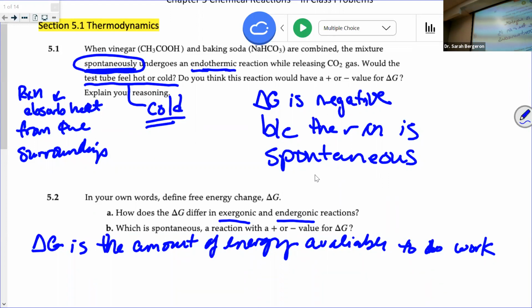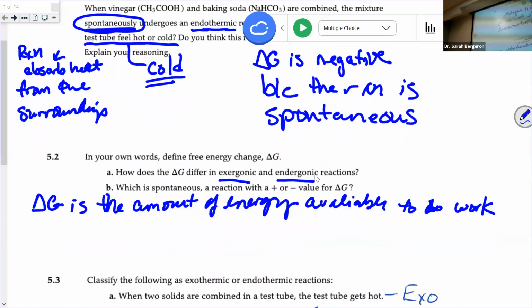When you hear thermic, what should you think? Heat, right? Something's hot, something's cold, temperature, right? So that's exactly what you should be thinking. Endothermic, exothermic. Is the reaction absorbing heat, or is the reaction releasing heat? When you think exergonic and endergonic, what does it start with?